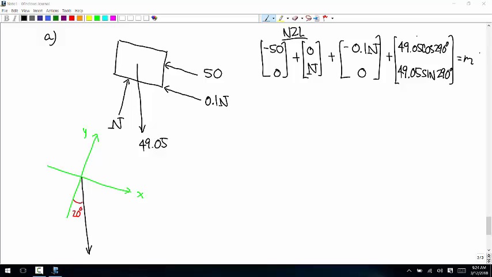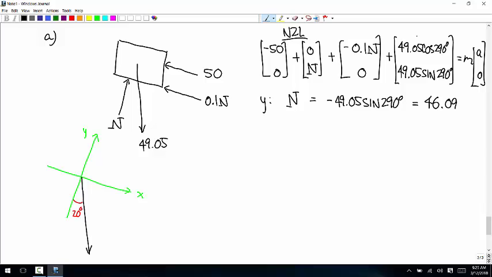We don't know if it's positive or negative, but we know it's parallel to the x-axis. And so the y equation tells us that N is equal to negative 49.05 times the sine of 290. So that comes out to be positive 46.092 newtons.